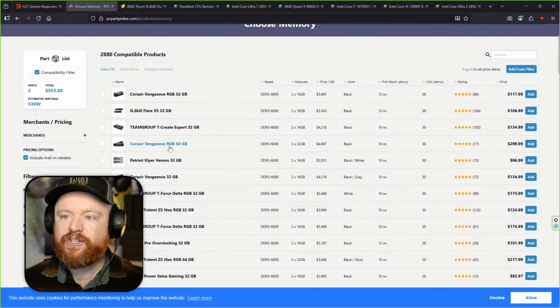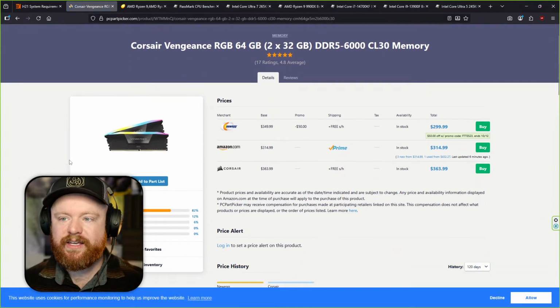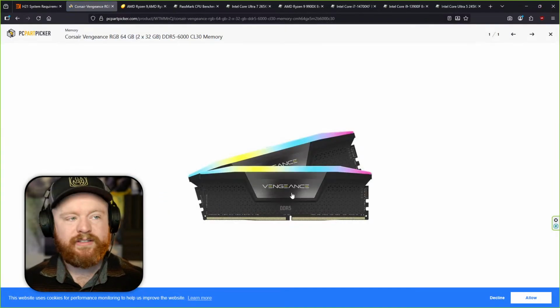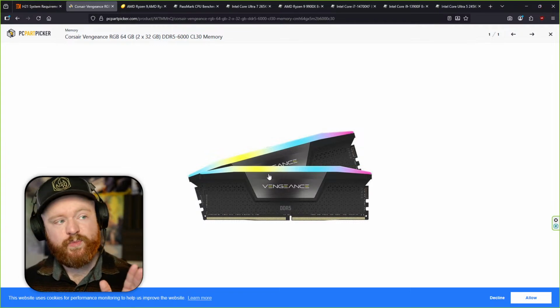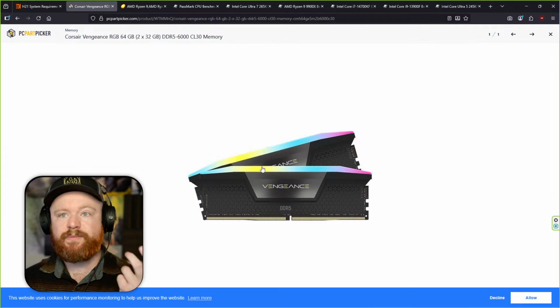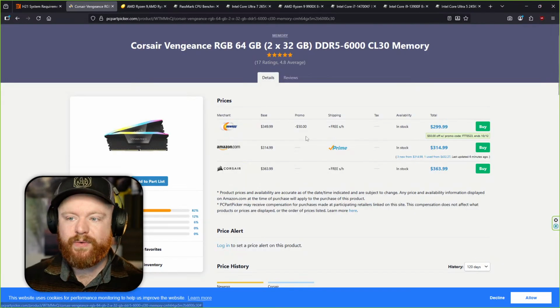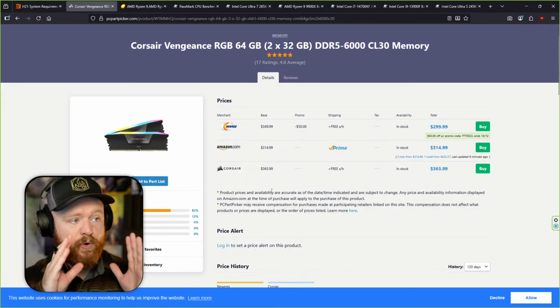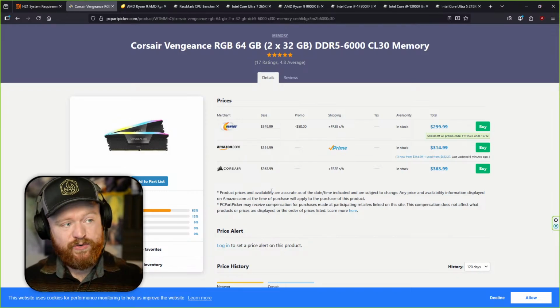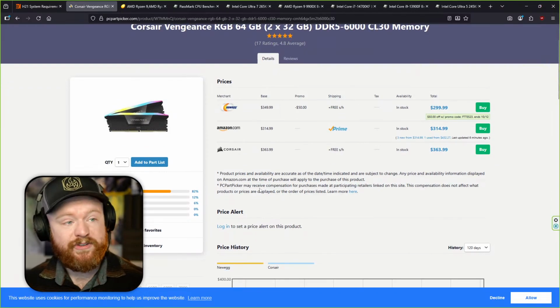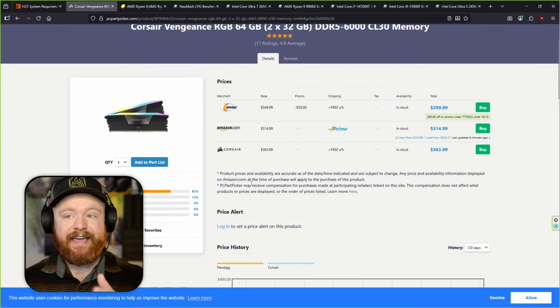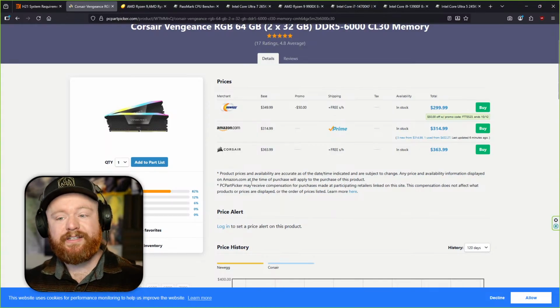So if I get two sticks here for 64 gigs, these two Vengeance components right here are designed to have similar read and write speeds, and that provides better system stability. You're less likely to run into blue screens. You're more likely to get the most speed out of your RAM as well. That's how you combat that. You slow it down so that if you have mismatched RAM sticks, it doesn't crash your computer.